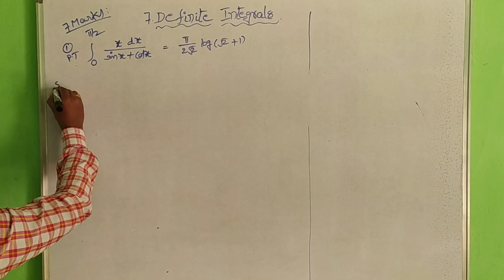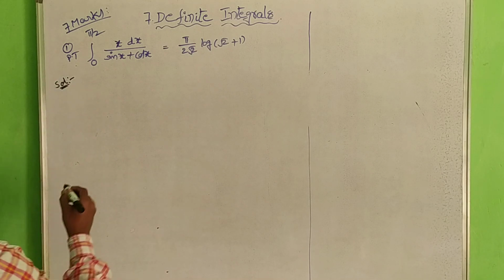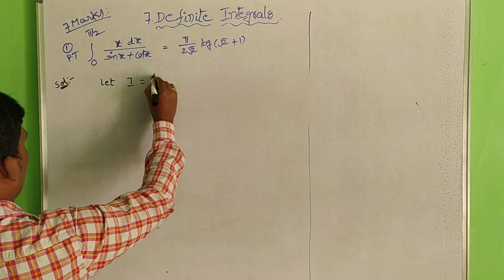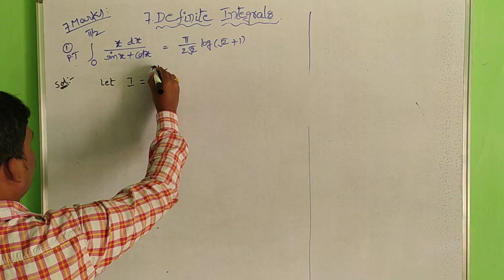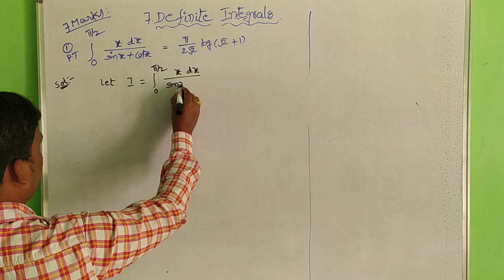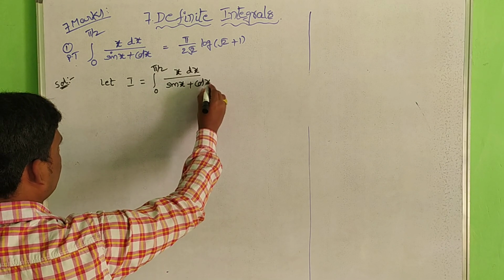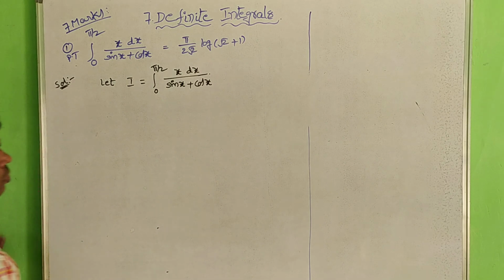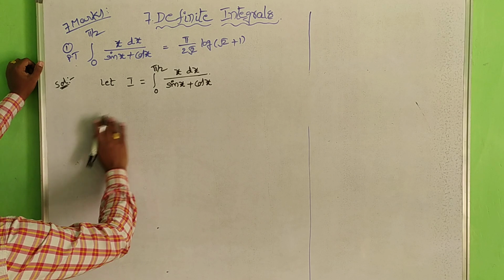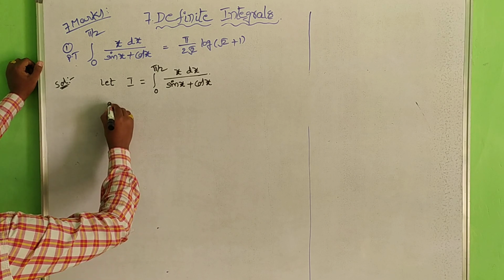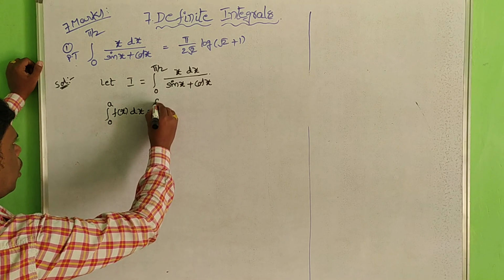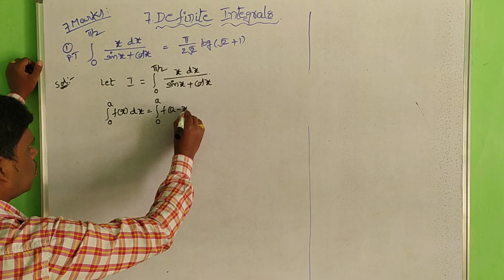First of all, we take the LHS value. Let I = integral 0 to π/2 of x dx/(sin x + cos x). Use the property that the integral from 0 to a of f(x) dx equals the integral from 0 to a of f(a − x) dx.